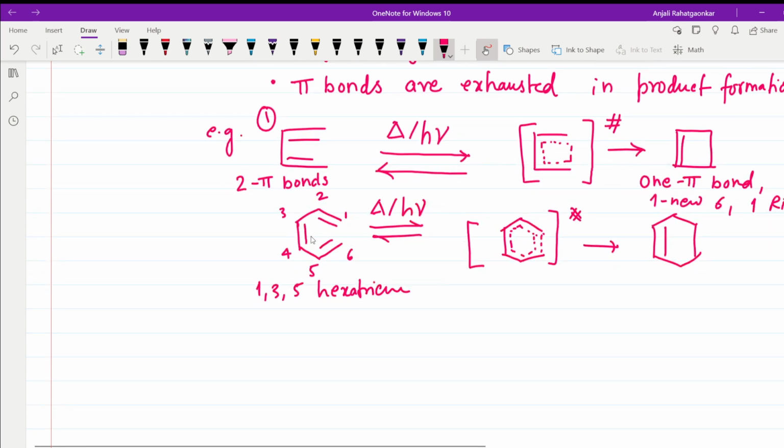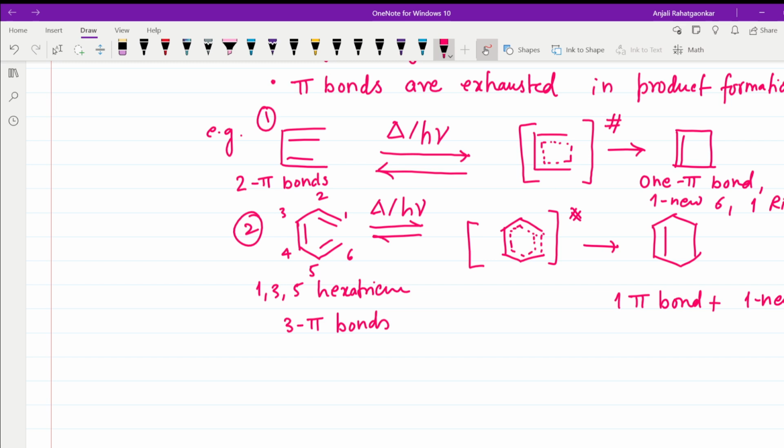In the other example, how many pi bonds are there? There are 3 pi bonds. And in the product, there is 1 pi bond plus 1 new sigma bond, and plus 1 ring.